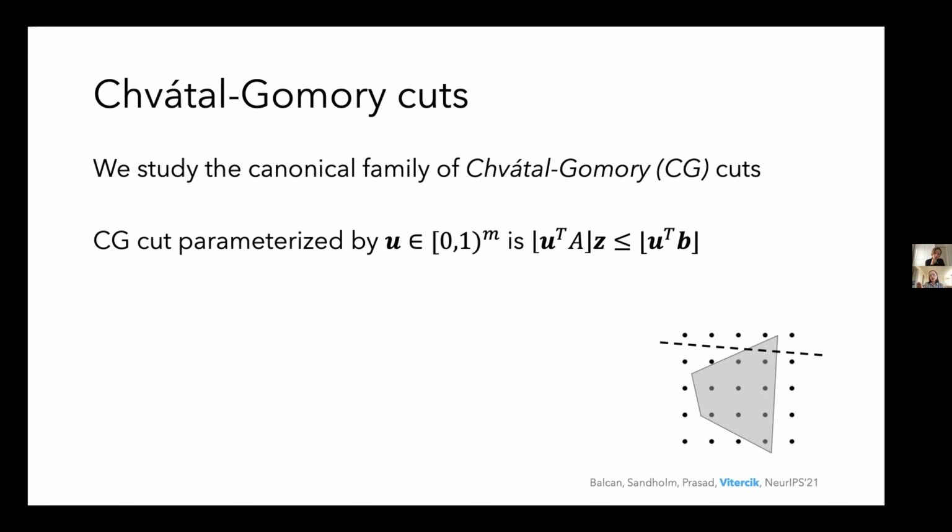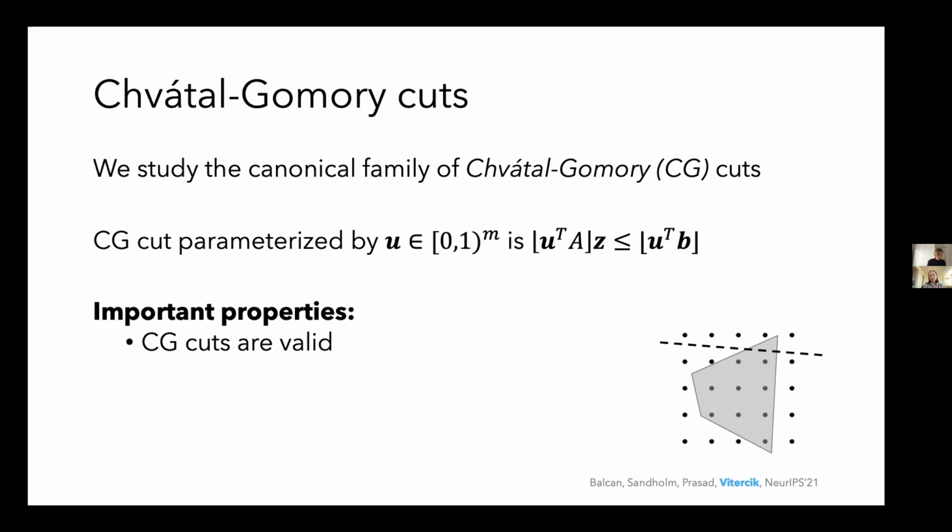This creates a new vector of length n, the number of variables. So that's the left-hand side of the constraint. You also dot the vector u with your right-hand side of the constraints b. You take the floor, and this creates a new constant, which is the right-hand side of your constraint. So this is the CG cut. And you can see there are infinitely many of these CG cuts, one for every parameter setting u.